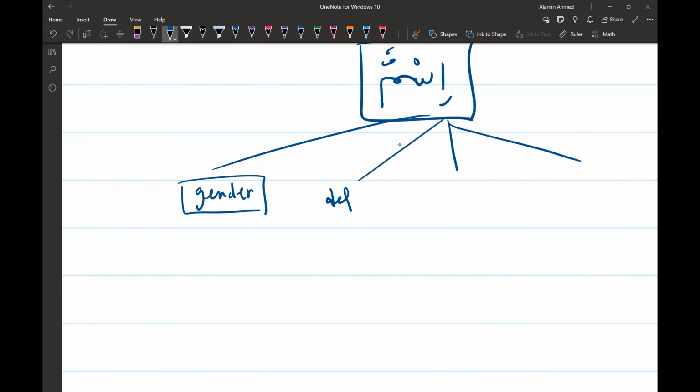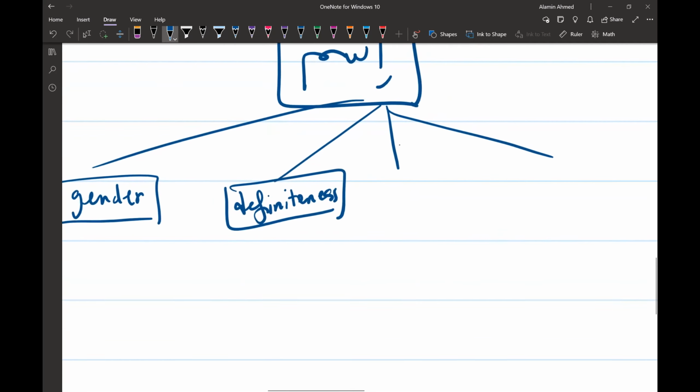And then it will give you something called definiteness, which is simply whether the noun is definite or indefinite. So just by looking at one word, you should be able to deduce whether the noun is masculine or feminine, or definite or indefinite. It will also give you its number, meaning it will tell you whether the noun is singular or plural, or anything else.